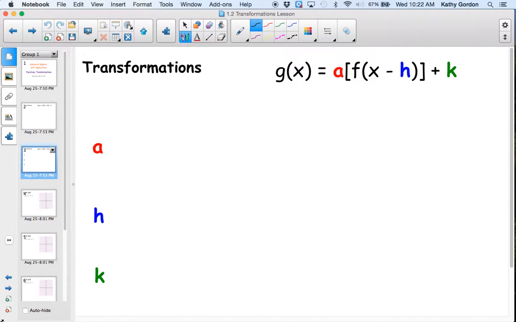What effect can an A value have on a parent function graph to get a new G function graph? Either, what's the word again? Stretch it or the other.